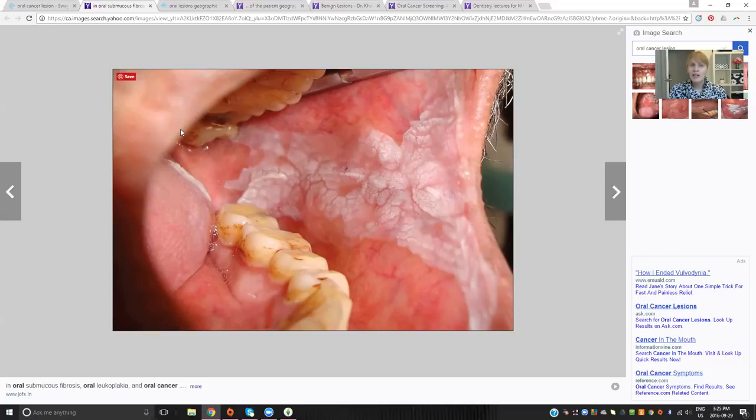But on the other side of things, you don't ever want to say to the patient, well, we've been keeping an eye on this for a month now. Let's send you to the oral pathologist. And then the oral pathologist says, yeah, they have cancer. They've had cancer for about a month. We would have liked to have seen them sooner, to treat it a lot easier.